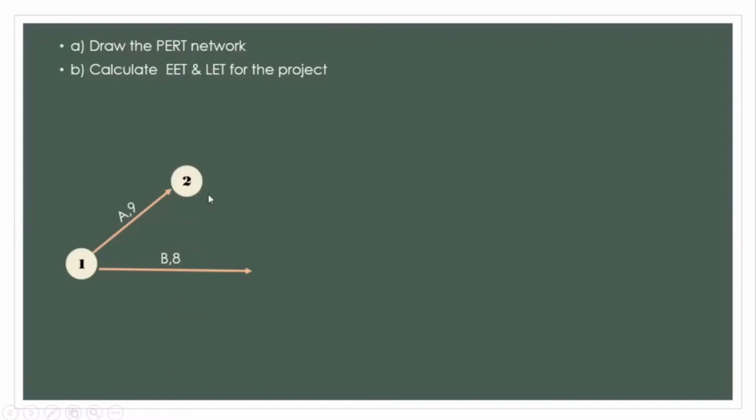For event 2, C is coming out from A, which is 7. For event 3, D is coming out from B and C. B and C have separate beginnings, so I have to connect B to C using a dummy here and put event 4 here.